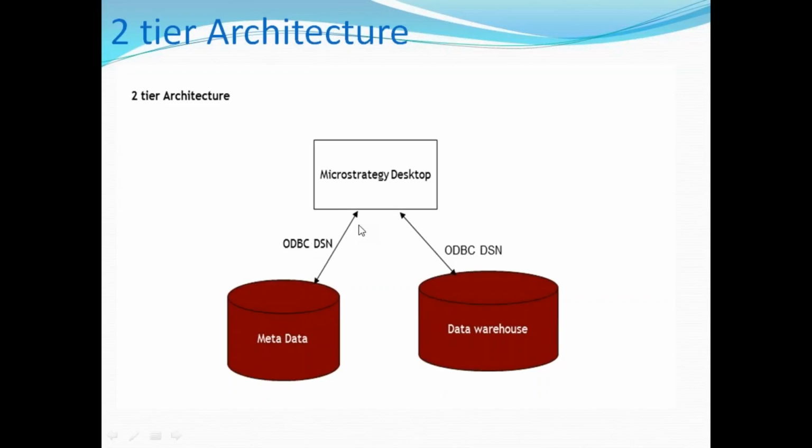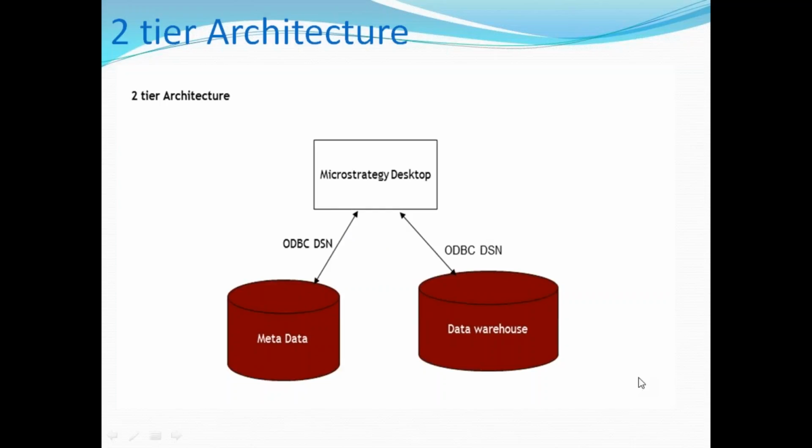How it is established we'll see as part of our architecture, and when we create metadata we'll establish this connection, all practically during our sessions. Just remember this, because when we move to another tier, one component gets added.